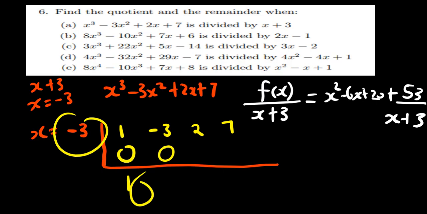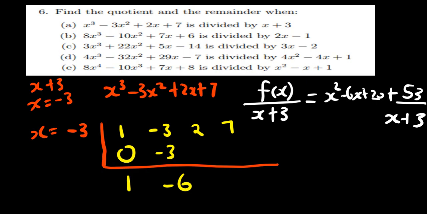So let's just do that. Negative 3 plus 0 will just give me a negative 3. Then when I add the 2, I'm going to get a negative 6. Then negative 3 multiplied by negative 6 is a positive 18. Then 2 plus 18 is a 20.